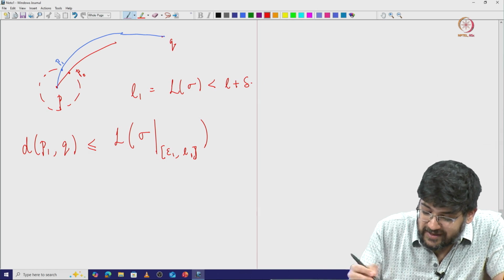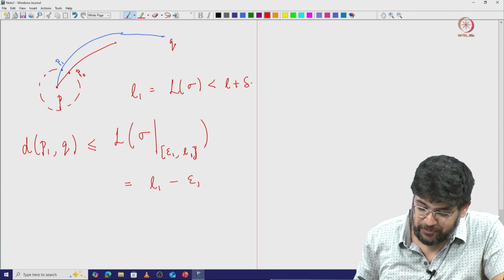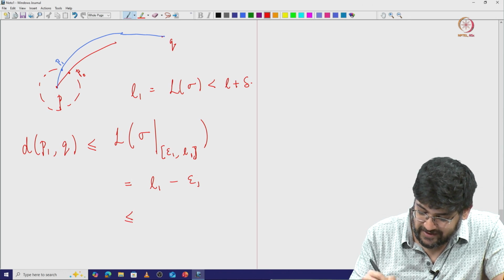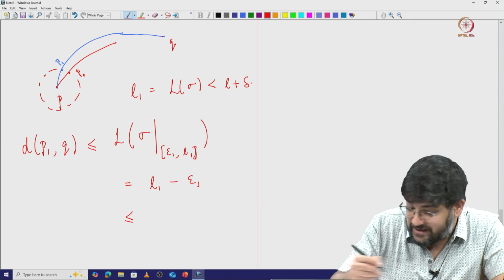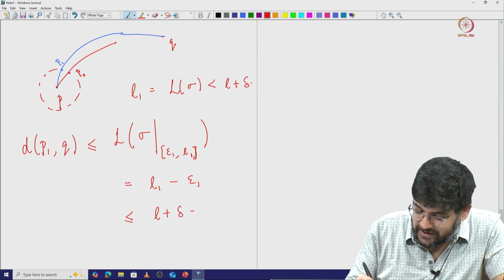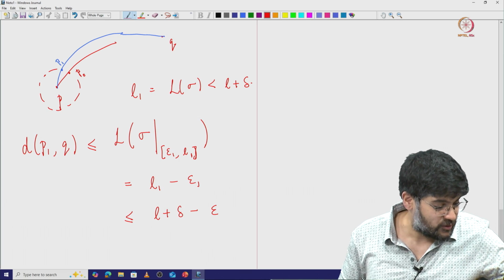So what is this length? Because sigma is unit speed, this is precisely L1 minus epsilon 1, but epsilon 1 is bigger than epsilon, and L1 is smaller than L plus delta, so this is less than or equal to L plus delta minus epsilon.